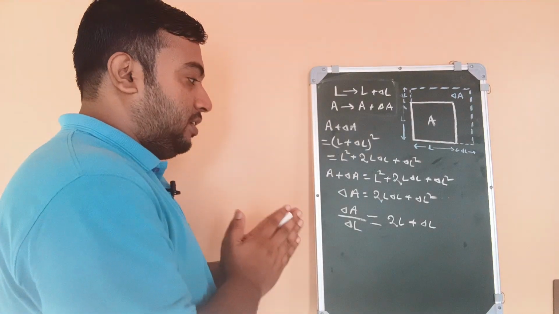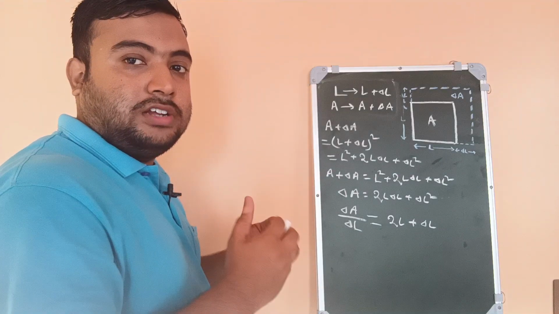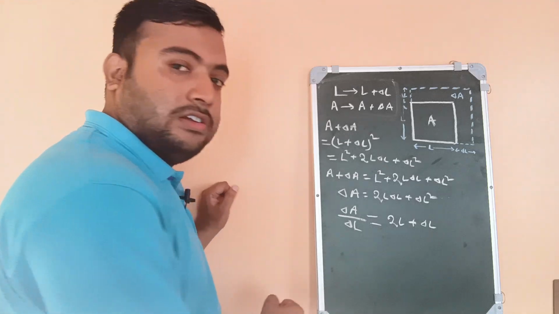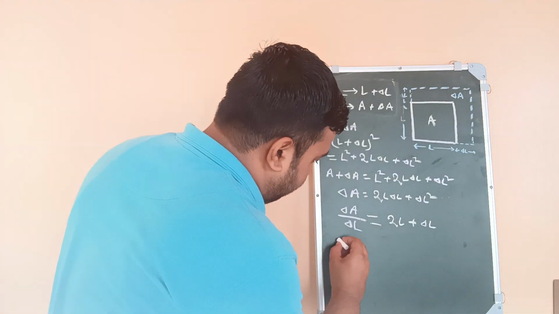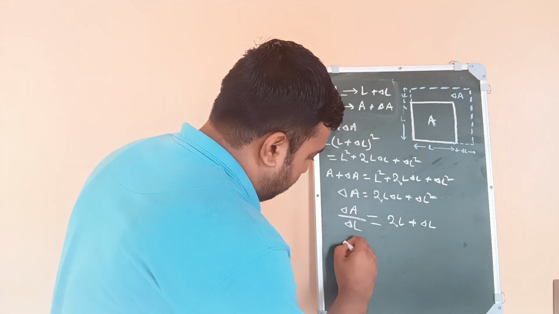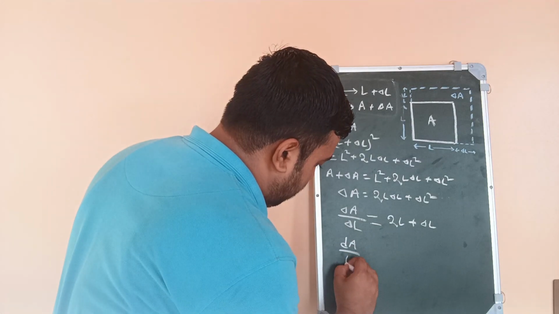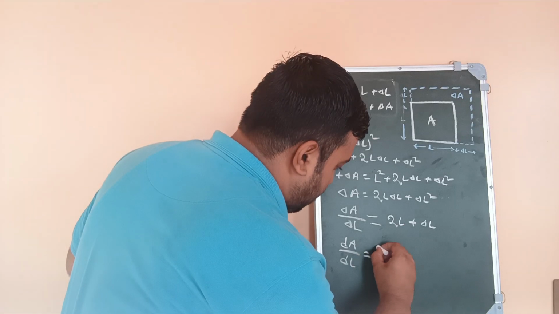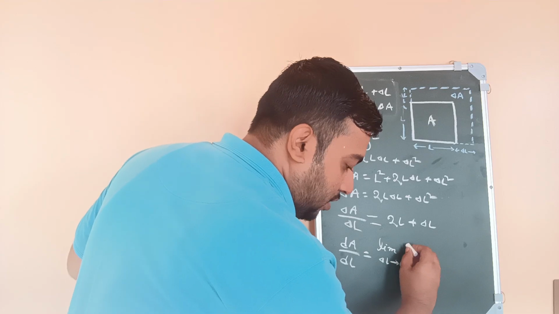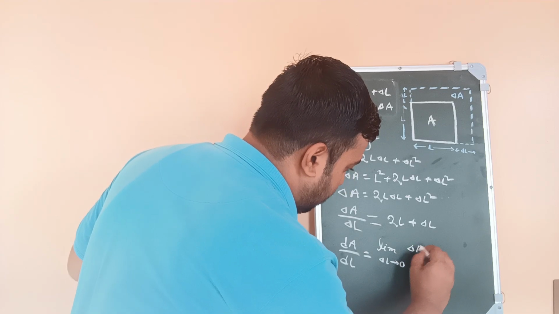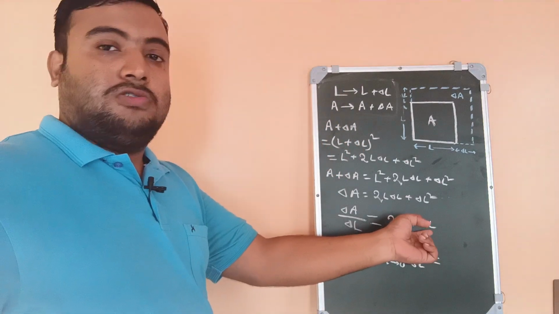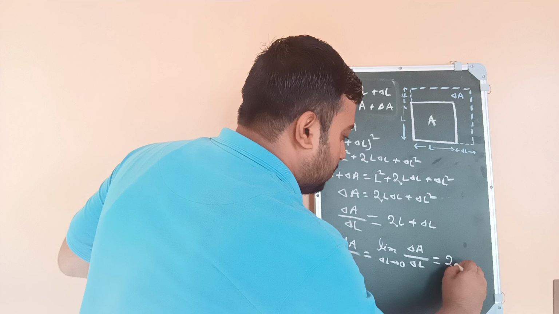If we make delta L smaller and smaller, and delta L tends to 0, then dA by dL is equal to the limit as delta L tends to 0 of delta A by delta L, and the delta L term becomes 0, so this will be twice L.